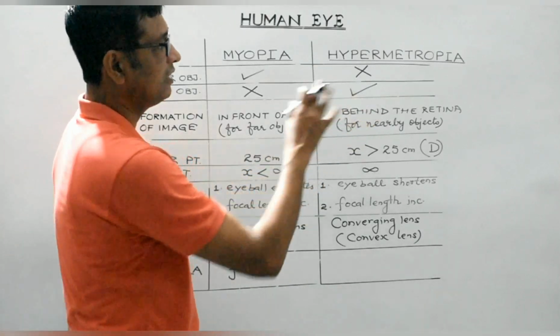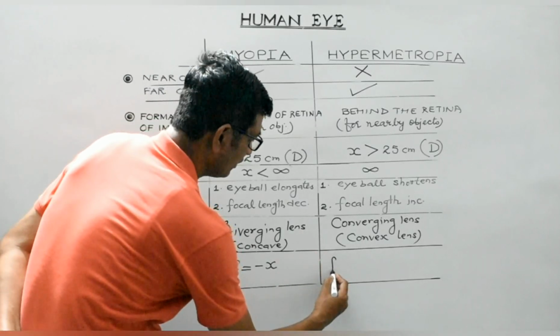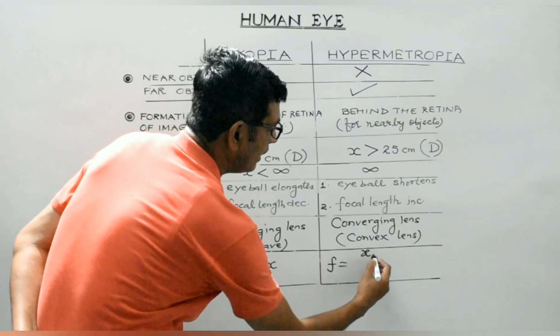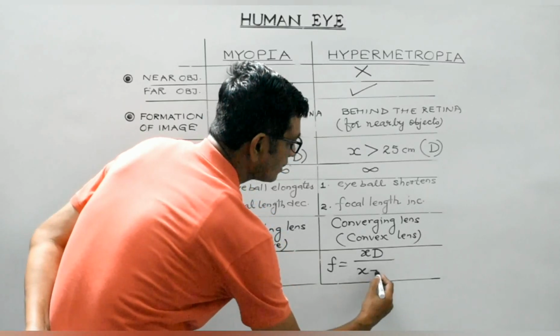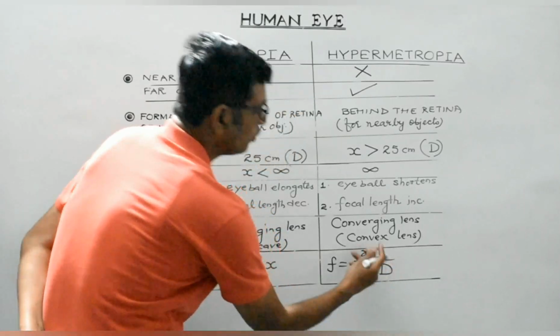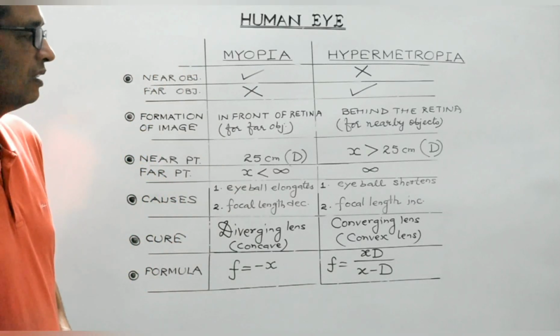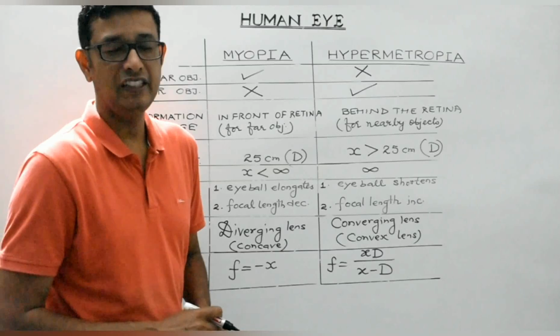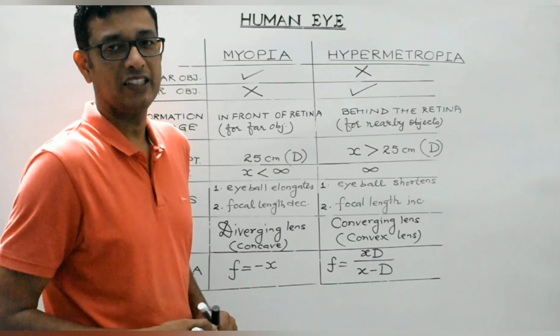While in order to treat hypermetropic eye, the focal length of the convex lens to be used is given by xD divided by x minus D. X over here is the near point of the hypermetropic eye, and capital D is the least distance of distinct vision, which for a normal eye is considered to be 25 cm.